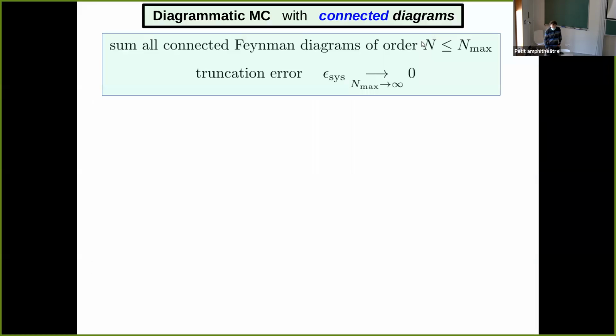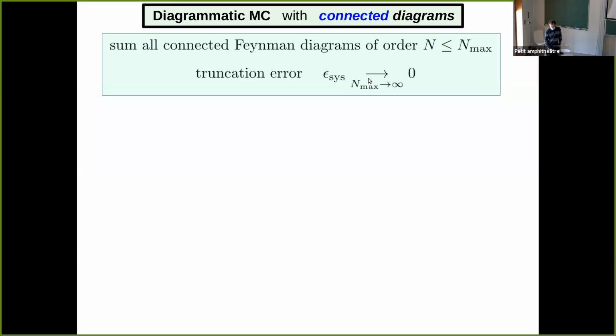So in general, the kind of approach that we are using is diagrammatic Monte Carlo with connected diagrams. So the basic idea is very simple. We sum up all connected Feynman diagrams of order n smaller than some n max. And then we increase this n max.